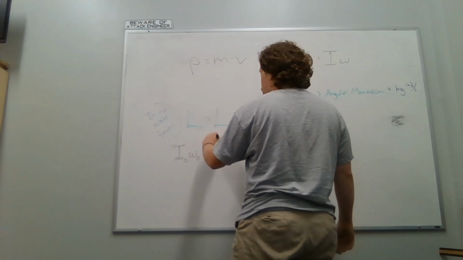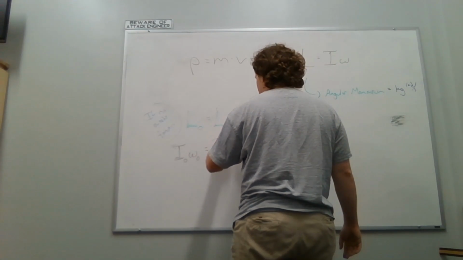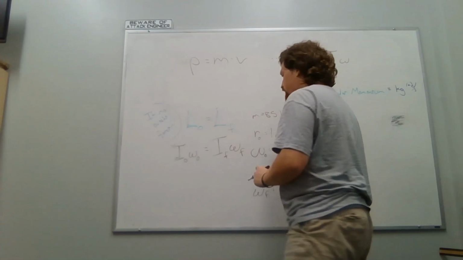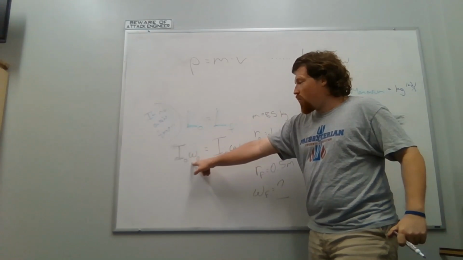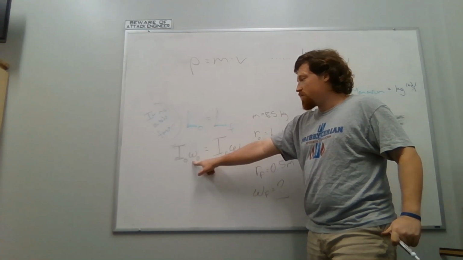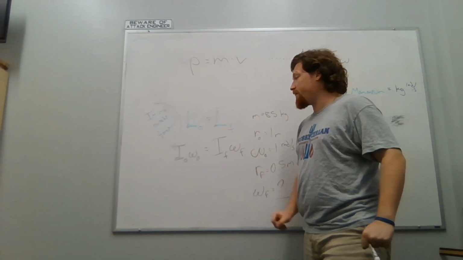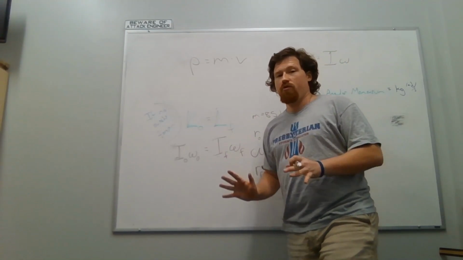And that's going to be equal to the final moment of inertia times the final angular velocity. So this is what we want. We know the original moment of inertia. We know the original angular velocity. So now we just need to figure out what we're going to plug in for moment of inertia.